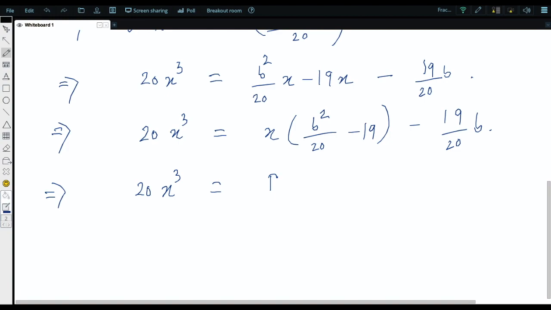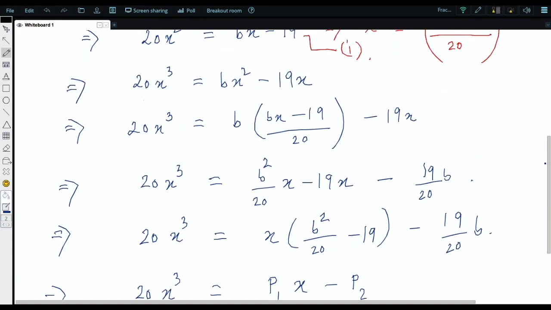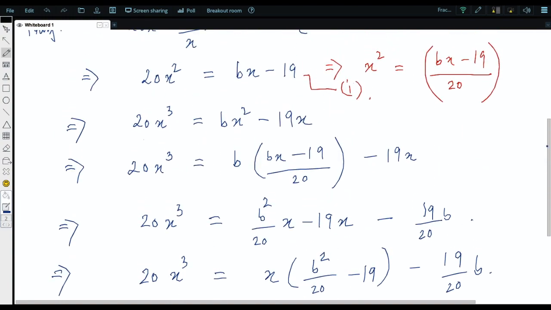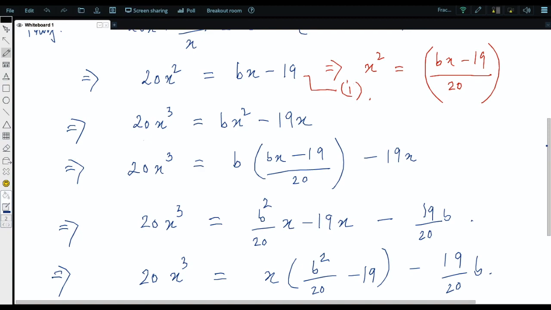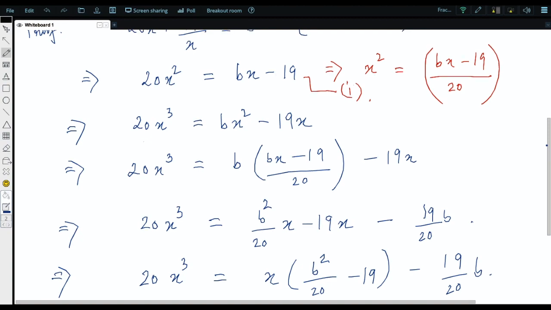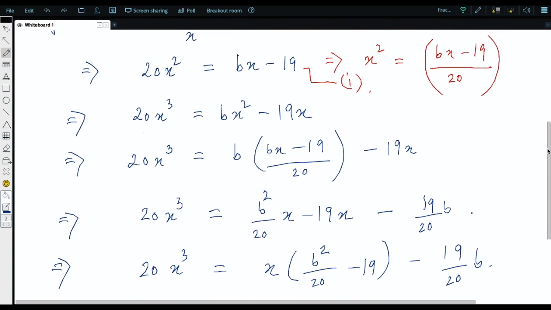So let's write it in some form of p1x minus p2, where p1 and p2 are also rational. Now notice that this form is similar to the form that we got in equation 1, where b was rational and minus 19 was also another rational. Okay.